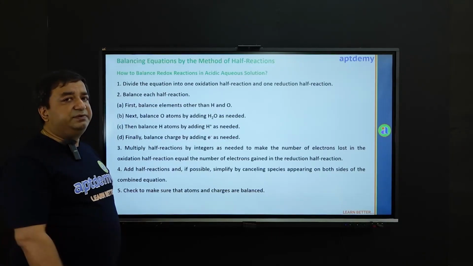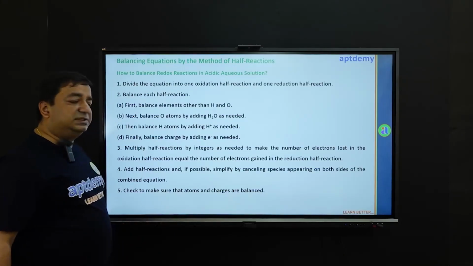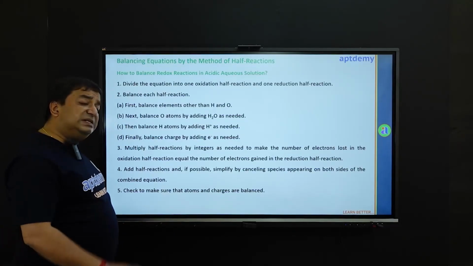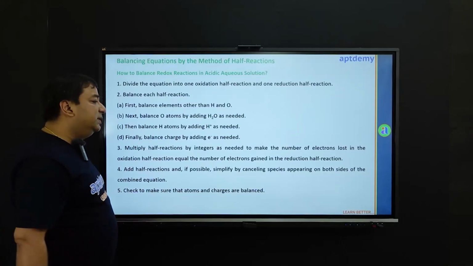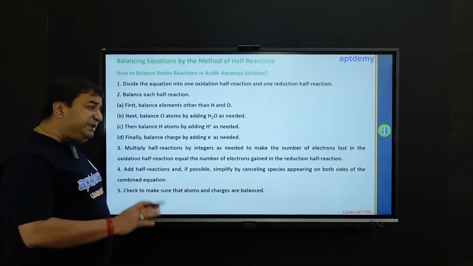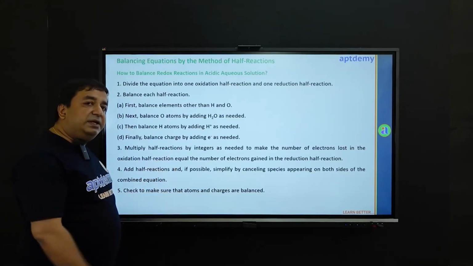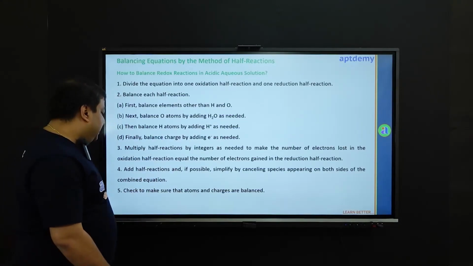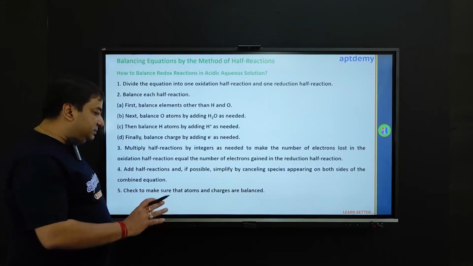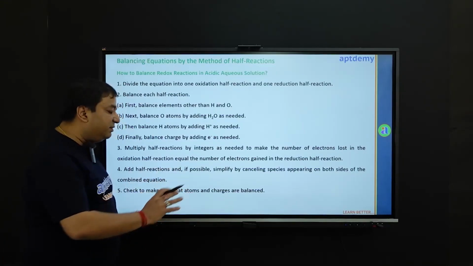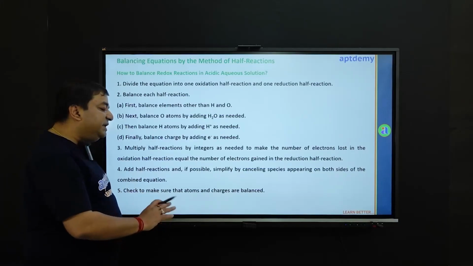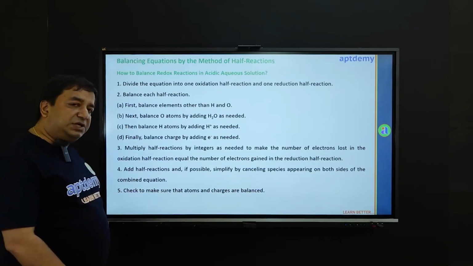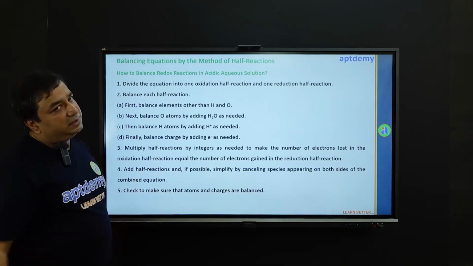And then after this, we will add both the half reactions, and if possible, we will simplify the equation further by cancelling species that are appearing on both sides of the combined equation. And finally, while we think we have solved the problem, we will check and make sure that the atoms and the charges on both the sides are the same.